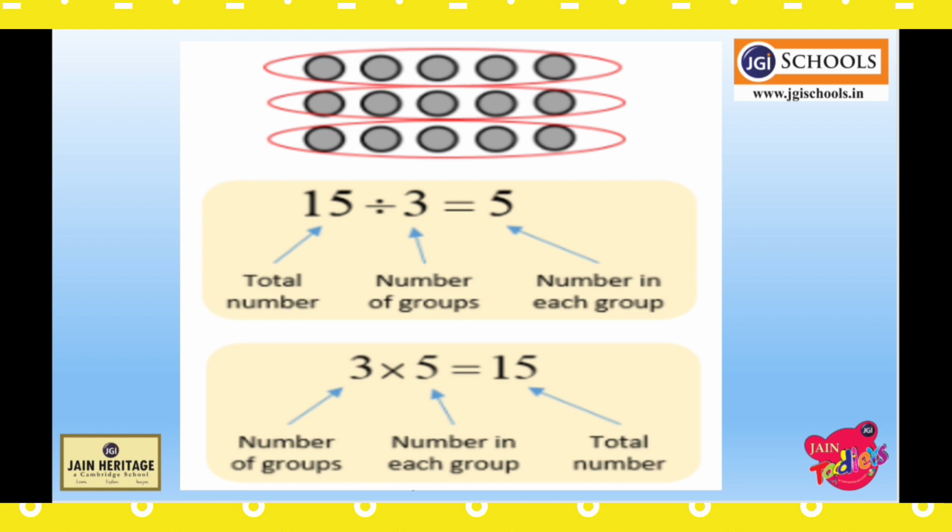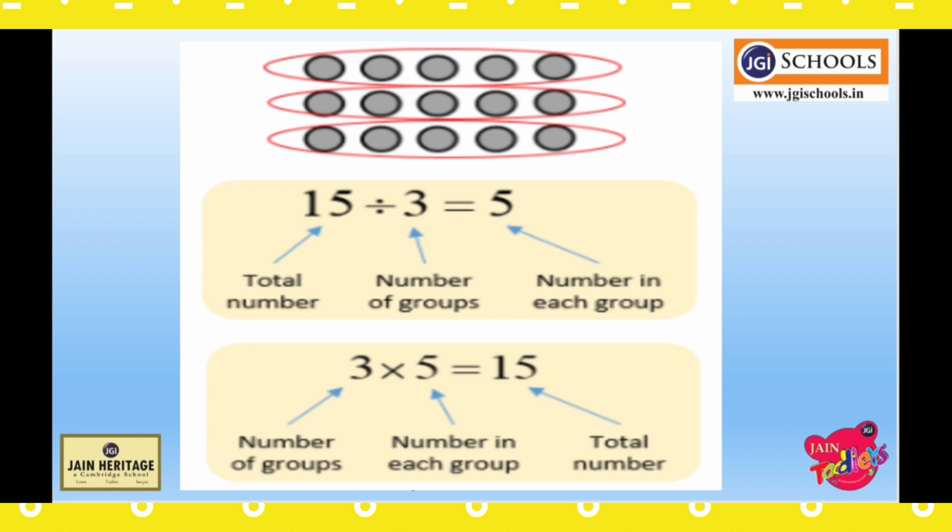I think you are in grade 3 and you must be aware of the multiplication tables, at least from 0 to 15 or 20, right? So suppose you are dividing 15 by 3. What will you get here?